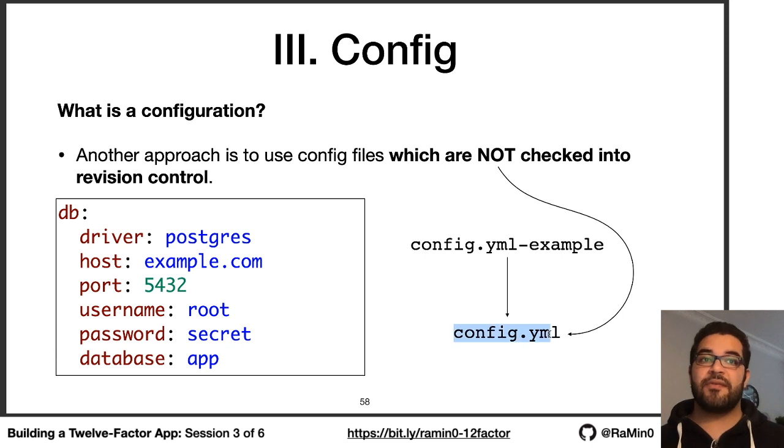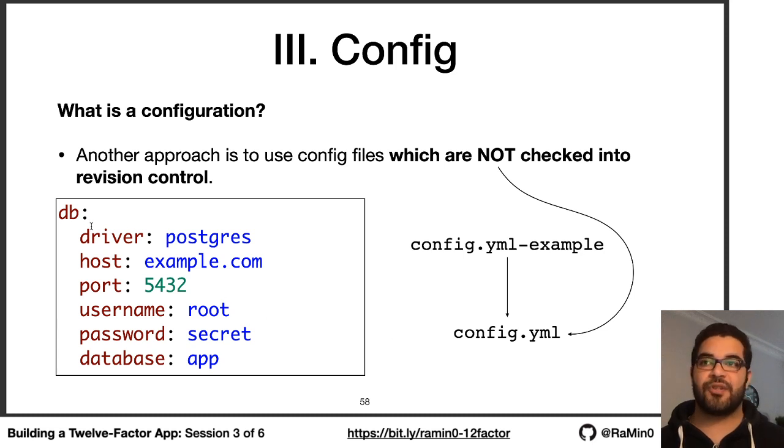Because this file includes sensitive information that should not be shared with the public, these files should not be checked into revision control, which means it should not be part of your repo that is being pushed to GitHub, for example. But one of the best practices is to include a file with a similar name, except that it has, for example, -example at the end, and this file would hold the same contents as the config.yml file, except for the values.